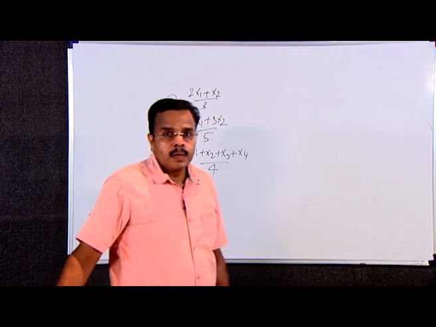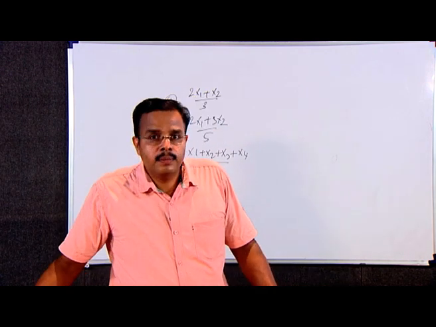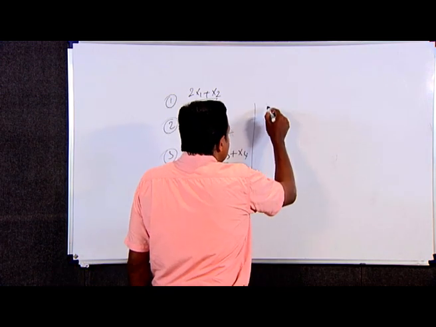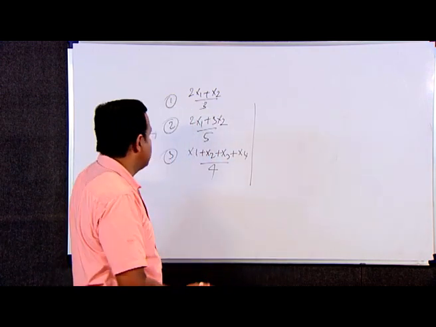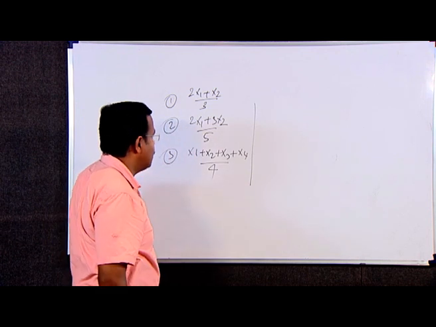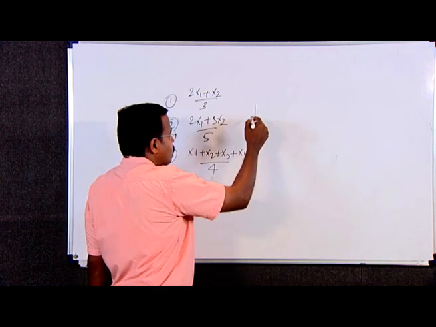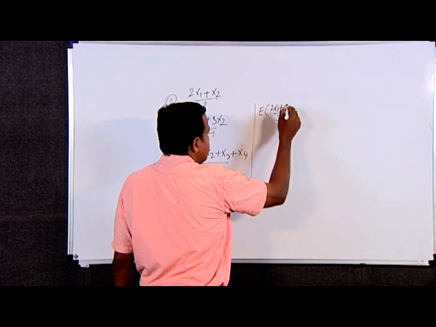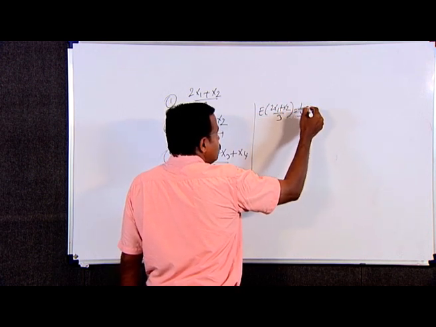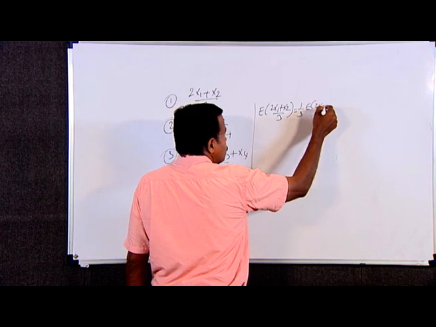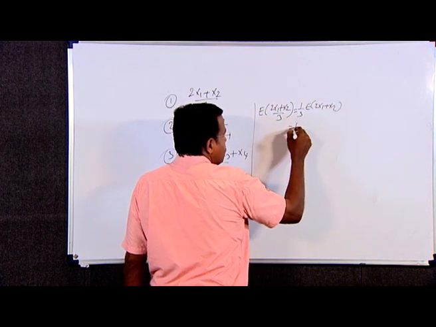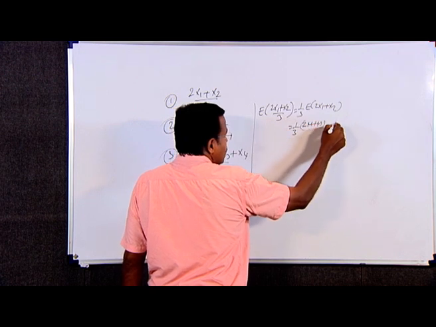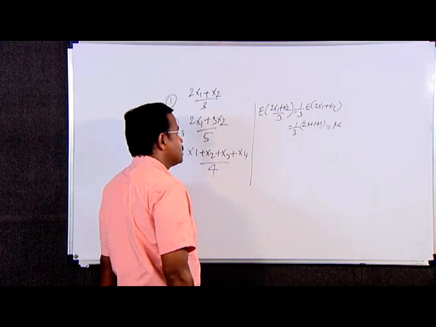The random sample is taken from the population with the mean mu. Now, first of all, to test whether the given statistics are unbiased for the parameter mu or not. Expectation of 2x1 plus x2 all divided by 3, that is 1 by 3 into expectation of 2x1 plus x2, that is 1 by 3 into 2 mu plus mu. So we are getting it as mu. So the first one is unbiased for mu.